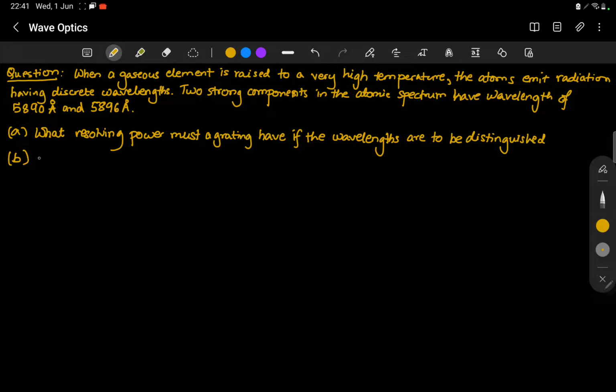Next part is to resolve these lines in the second order spectrum.